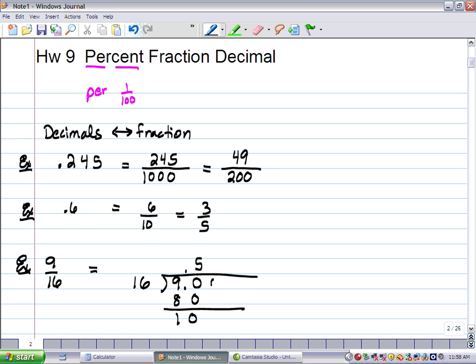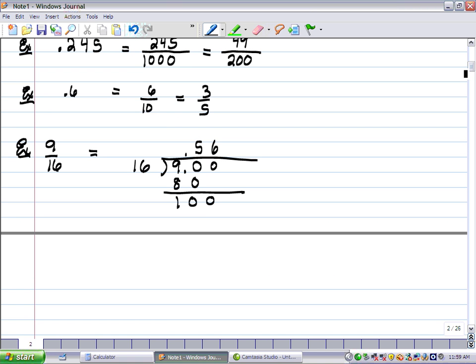So then I need to add another 0. 16 goes into 100 6 times. 6 times 16 is 96. And I get 4. I need to add another 0. 16 goes into 40 twice. And I need to add yet another 0. And 16 goes into 80 5 times exactly.